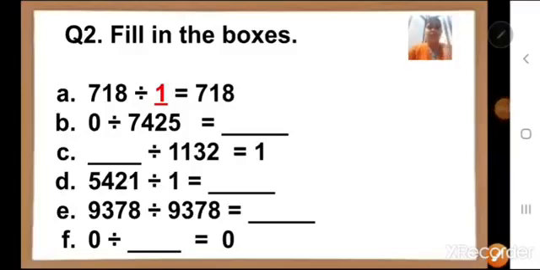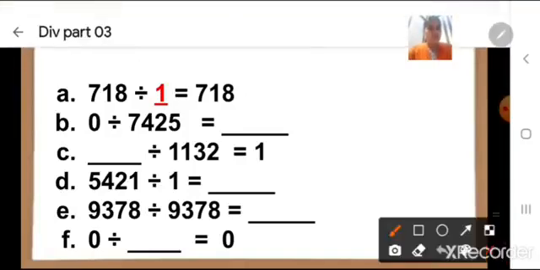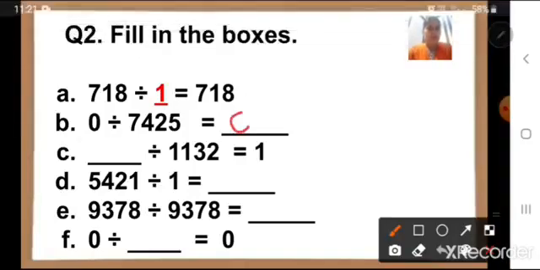Now the B. 0 divided by 7425 is equal to dash. Okay, so it is 0 when divided by a number gives the quotient as 0, correct? So here the answer will be 0, right children? Next one is dash divided by 1132 is equal to 1.